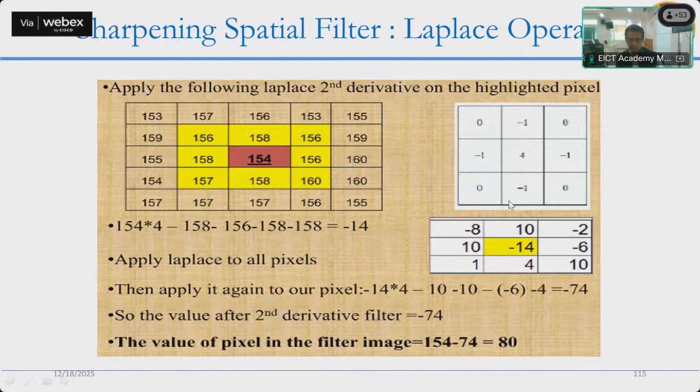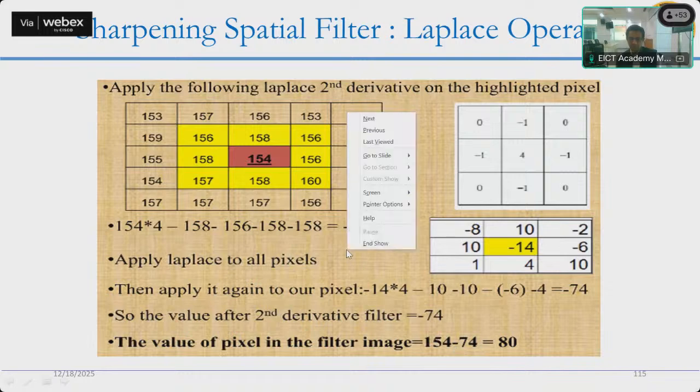When you multiply this one upon this one, this is minus 74 and minus 150, this is 80. But have you understood how this block has come? I want to highlight this block.